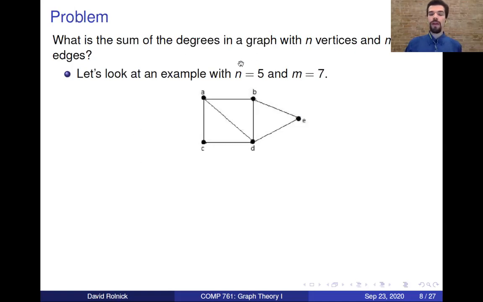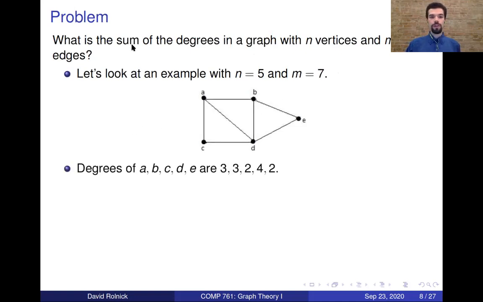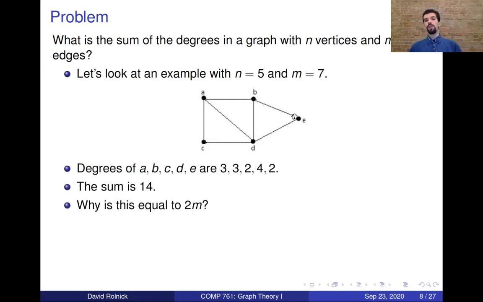So in this example, we have n equals 5 vertices, and m equals 7, so 7 edges. The degrees of A, B, C, D, E in order are 3, 3, 2, 4, 2. Okay. If we sum them up, the sum is 14. You might notice that 14 is 2 times m. So why is this equal to 2 times m?